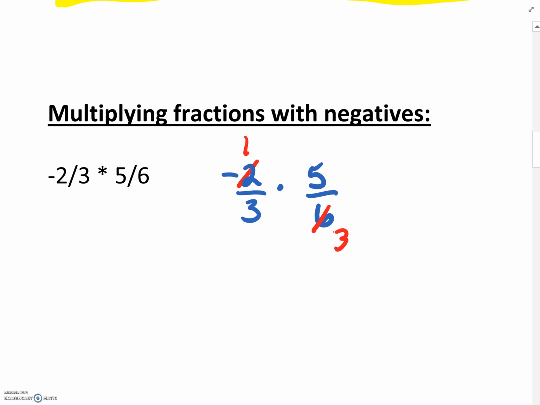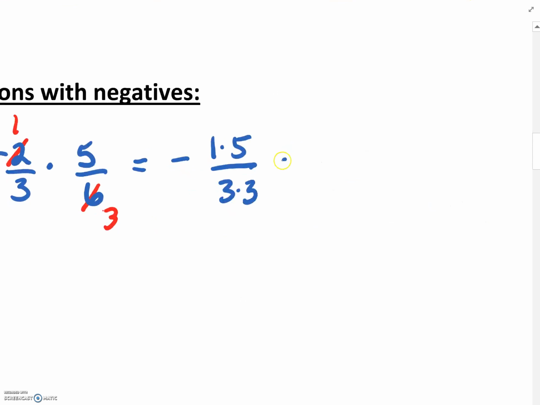Now, I didn't really worry about keeping up with my negative as I was cross-canceling. I'm just going to look at this whole fraction itself as a negative, the negative 2/3, and then the whole fraction 5/6 as a positive. So I know I'm multiplying a negative times a positive, which is what? A negative, right? And then I'm multiplying my numerators and I'm multiplying my denominators.